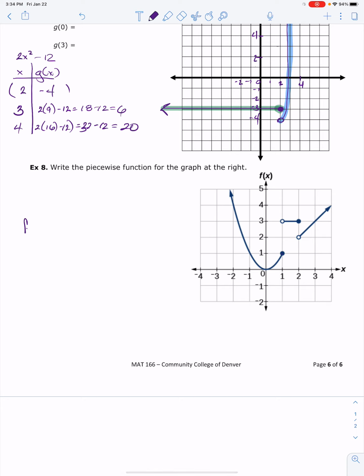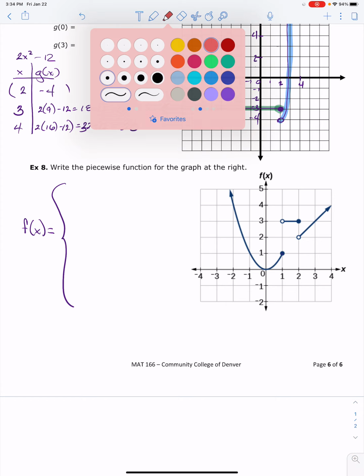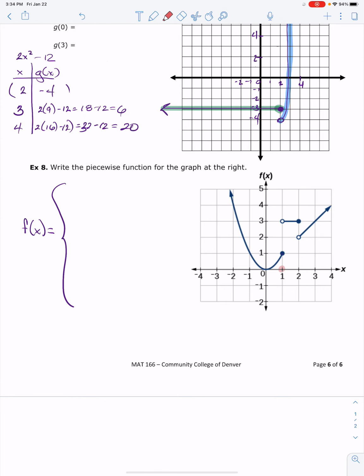So I'm going to start by calling this f of x. I notice there are 3 parts where this is defined. So I'm going to start by chopping up my domain. So let's see, I've got x less than or equal to 1.